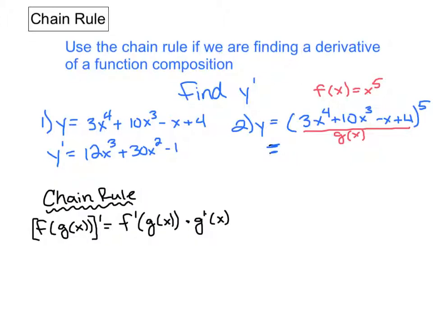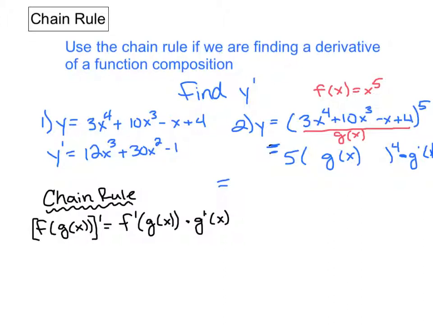The derivative of f of x would be 5x to the fourth. So we're going to have 5 times some x to the fourth, times our derivative. I'm going to expand my equal sign down here.